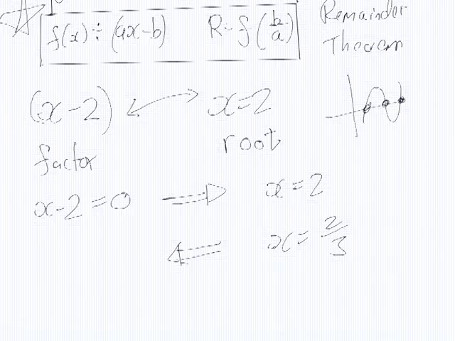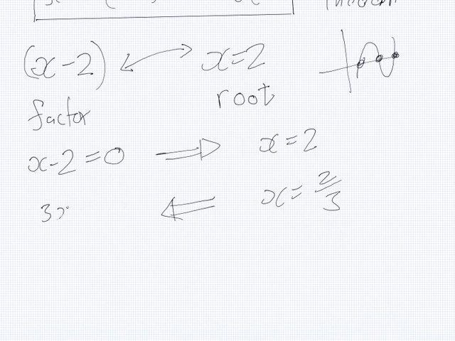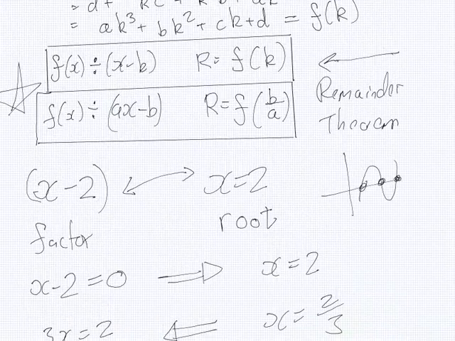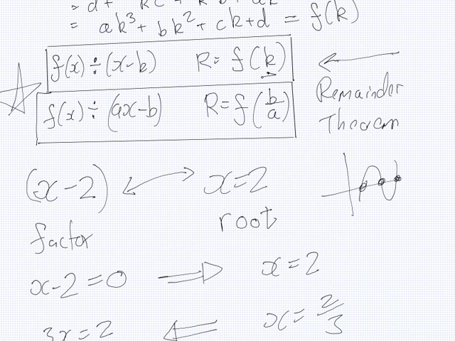So this would be 3x equals 2, which would then be 3x minus 2. So now it's back to a factor, okay? So it's important that you know how to switch, because here this is a root, and here this is like a factor, okay?